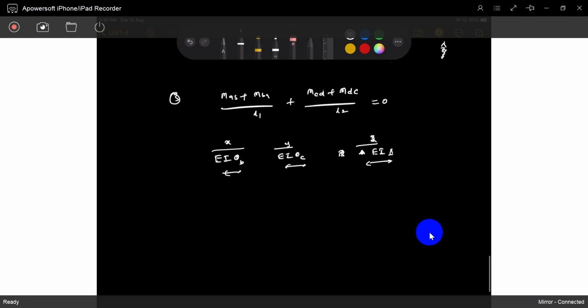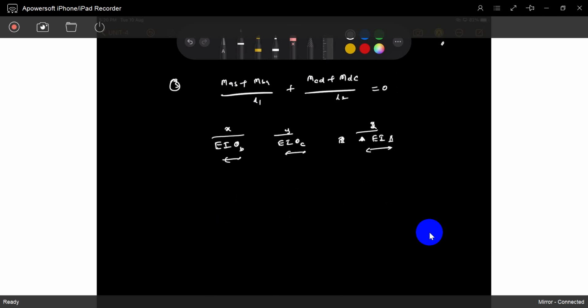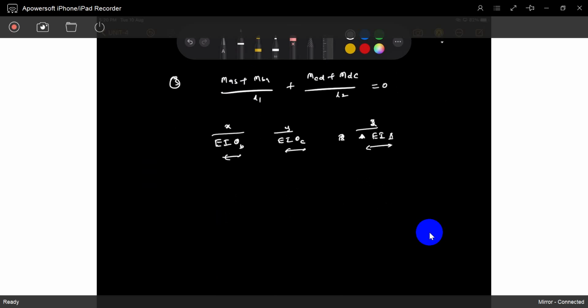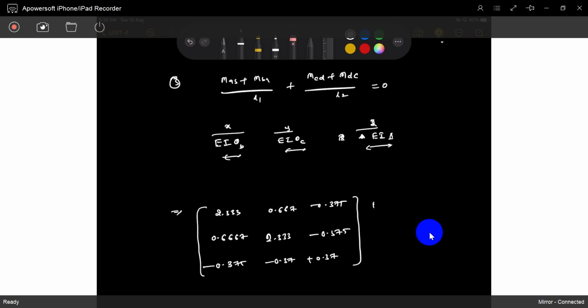Okay, so now I will give these 3 equations. They end up like this: 2.333, 0.676, minus 0.375, 0.6667, 2.333, with unknowns EI theta B, EI theta C, EI delta.